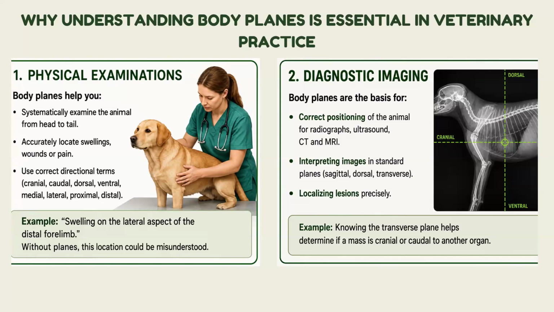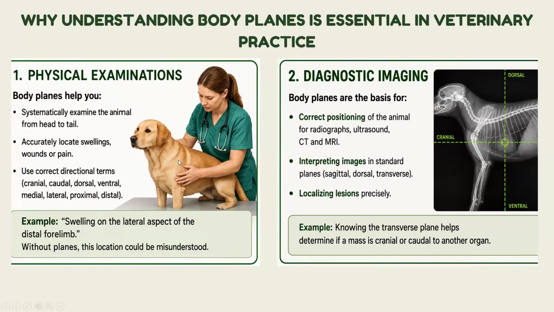Now you see, body planes is very essential in physical examination. For example, swelling on the lateral aspect of the distal forelimb. When you hear lateral, it's trying to tell you that it's away from the median plane.